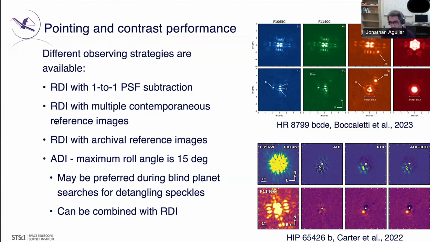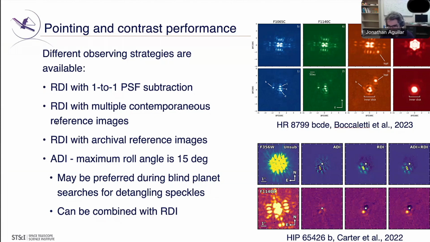On the right, we have Anthony Boccoletti's paper on HR 8799 that Julian showed you. The top row is unsubtracted, and you cannot see the companions. You cannot see the HR 8799 planets. The bottom row, with reference differential imaging and the contemporaneous library, we recover all four.